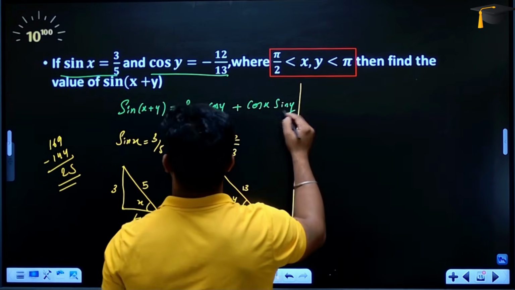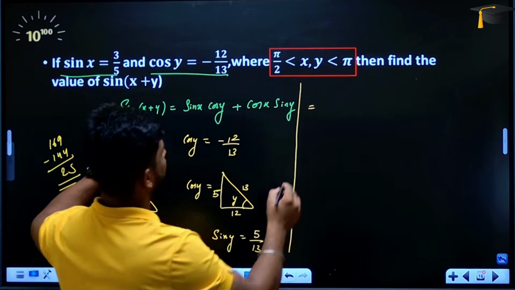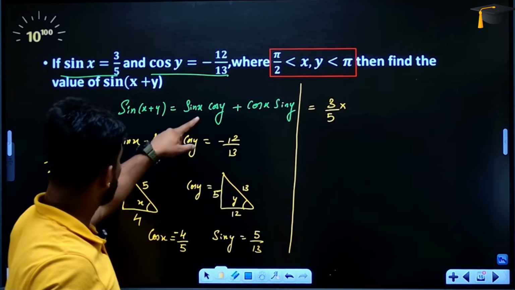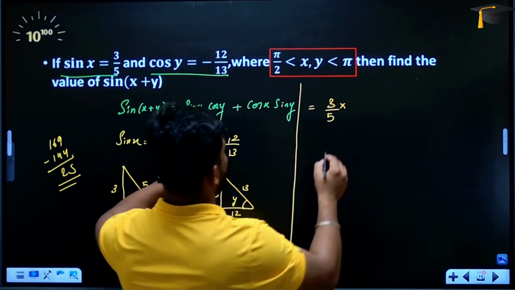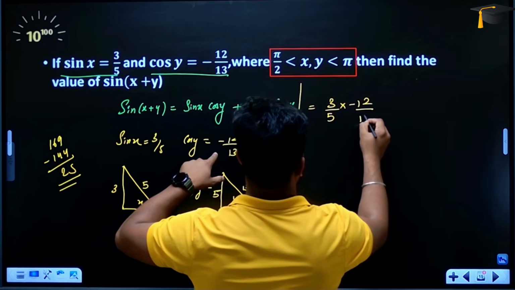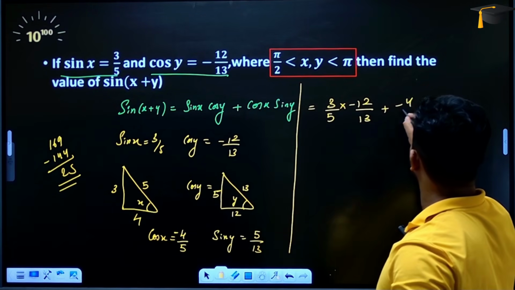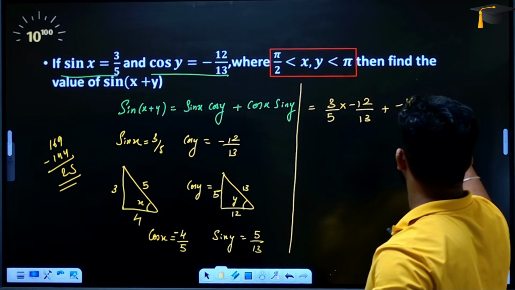Next, sin of x plus y formula we have written. So sin x is 3 by 5 into cos y. Where's cos y? It is minus 12 by 13 plus cos x. Cos x is minus 4 by 5 into sin y. Sin y is 5 by 13.